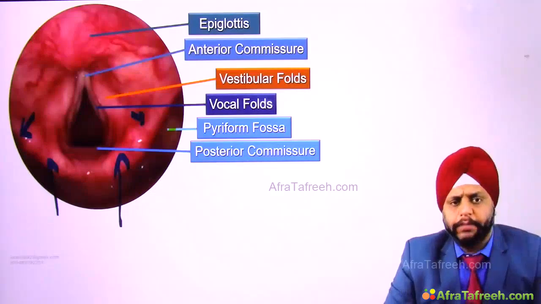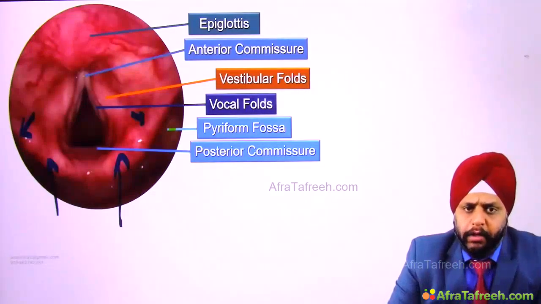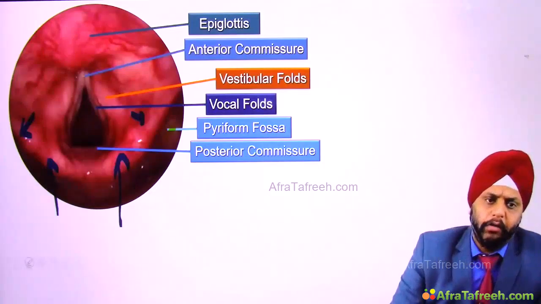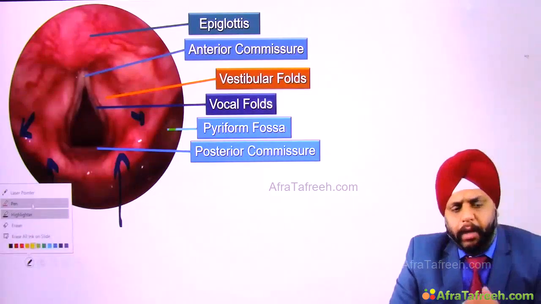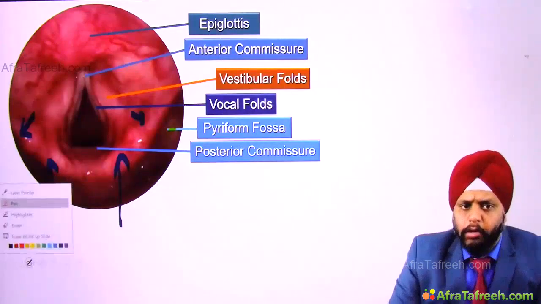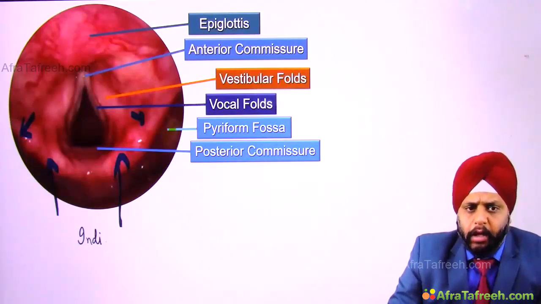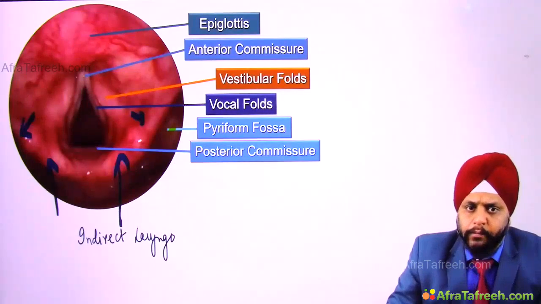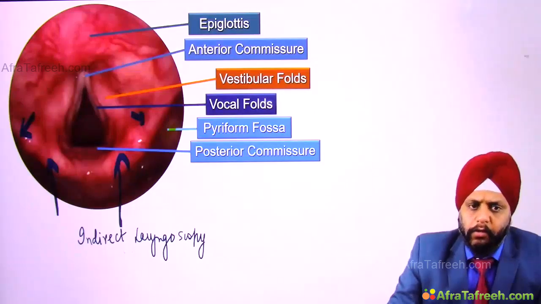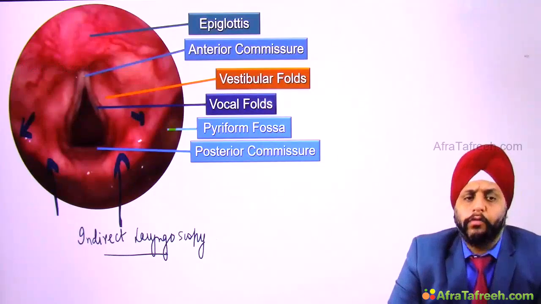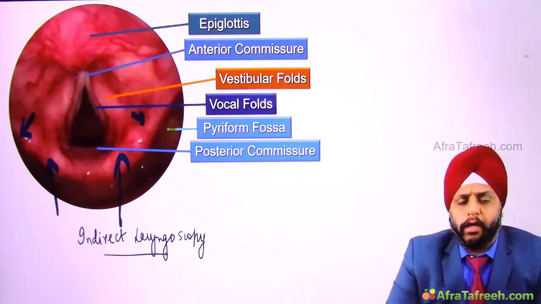And this is what is visible to us in the technique now known as indirect laryngoscopy. So we have abandoned the name vocal cords, but we have kept the technique, and that technique is known as indirect laryngoscopy. This technique of examination with the help of an indirect laryngoscopy mirror is known as indirect laryngoscopy.